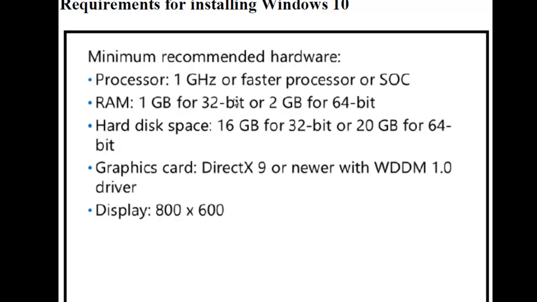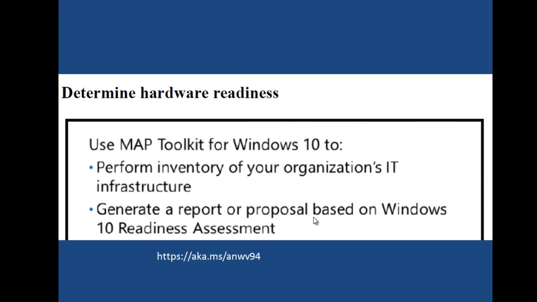When you're downloading, and you can get the Windows edition from the Microsoft site, they will tell you which one you have to download, either the 32-bit or the 64-bit. So you will need to look at your specs and determine which one you might need for your organization's client computers.